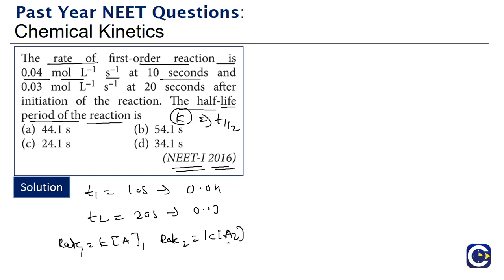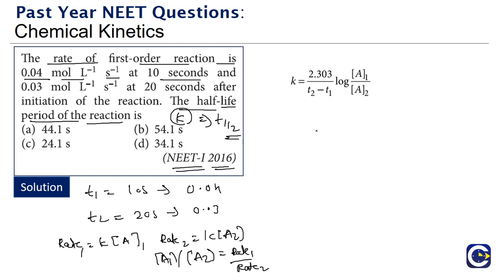So if we are looking at the rate expression, the ratio of A1 by A2 will be equal to rate 1 by rate 2. So we can use this relation to find the value of K from the integrated rate expression, and then we can find the T half. So let us look at this.